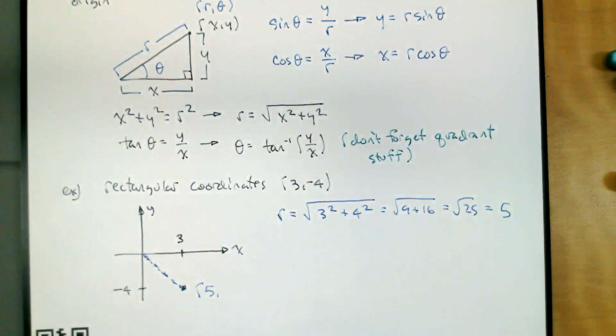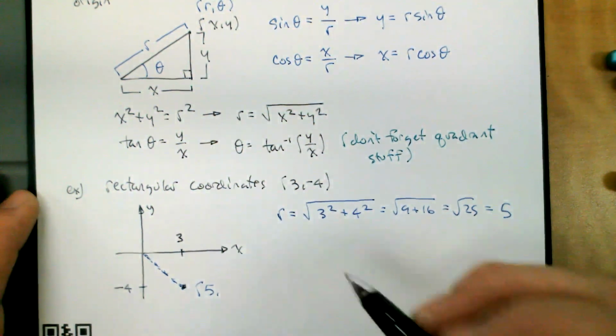Now I have to figure out what angle we make with the positive x-axis. So now I can do a tangent inverse.